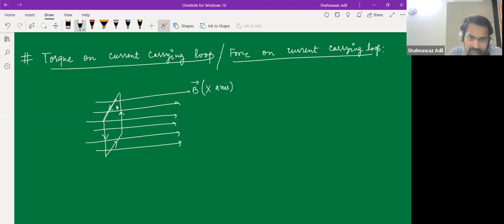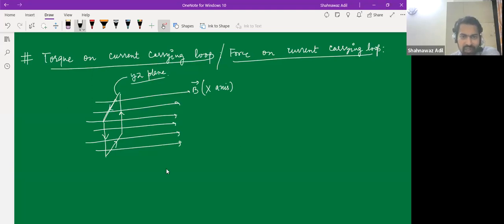X is this direction, so the loop is in the YZ plane. Yes, this is in YZ.